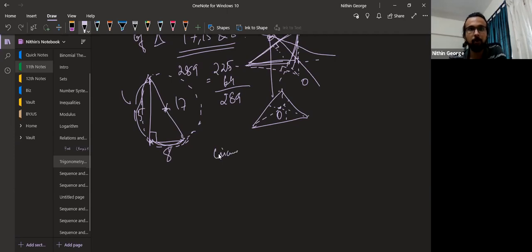Now, what are they asking here? They're asking for the distance between circumcenter and the orthocenter. How do you find the orthocenter? Look, towards this bottom side, from this vertex, I draw an altitude by dropping a perpendicular, which is already drawn here. From this point, towards this side, I draw an altitude by dropping a perpendicular, which is already here.